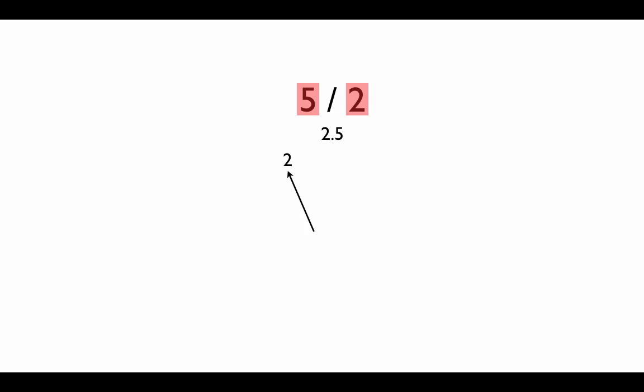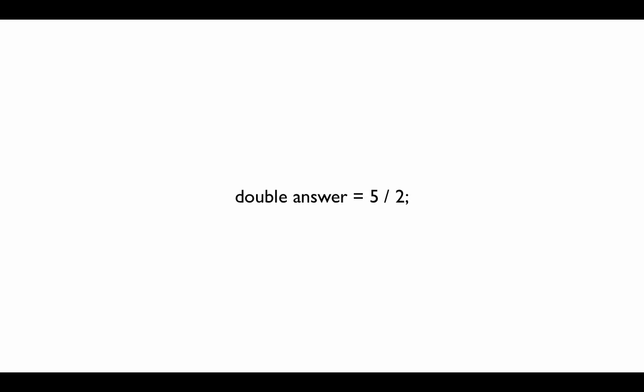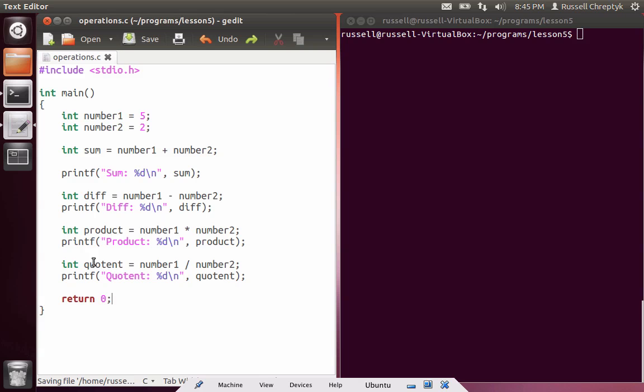If we know that it's being stored as an integer, maybe we can change it and make it a double, our answer variable or our quotient variable as it is in our actual example, and see if we can fix it by changing that variable into a double. So let's change our quotient into a double. Now remember, we have to update our format specifier to match a long float, or the format specifier for double.